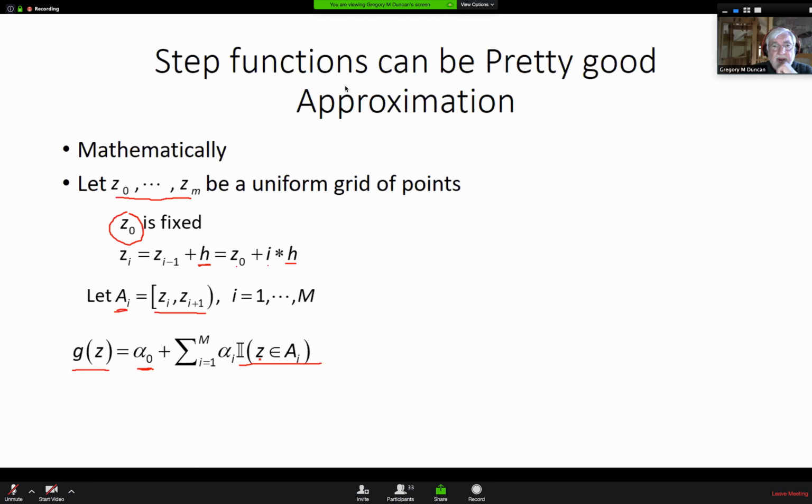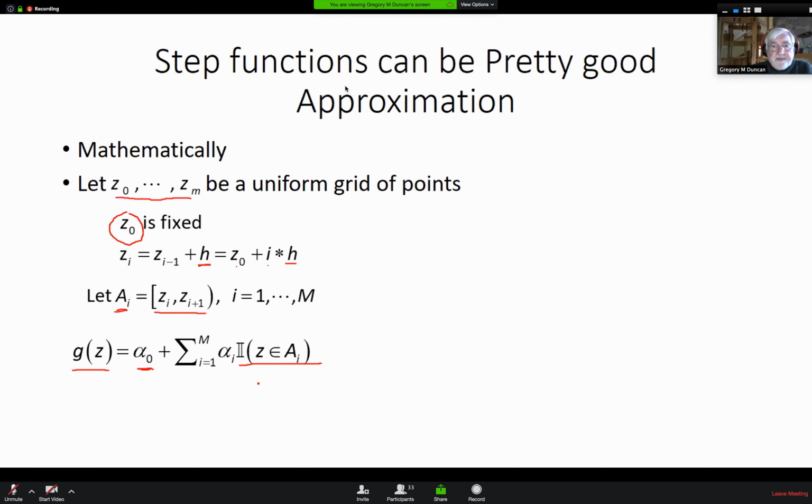So if a z that I'm interested in is in the interval Aj, then I of z in Aj is going to be equal to 1. If z is not in that interval, then this I is equal to 0.